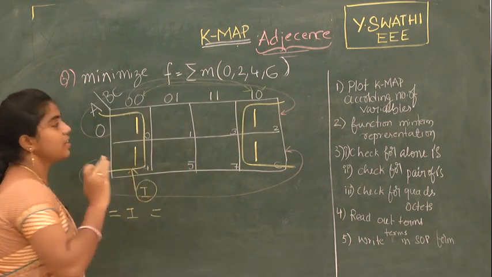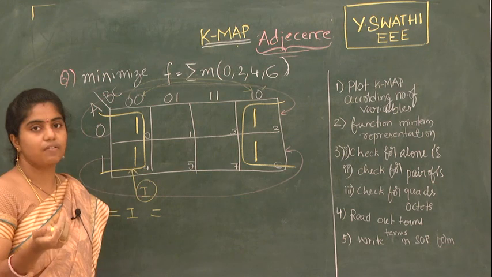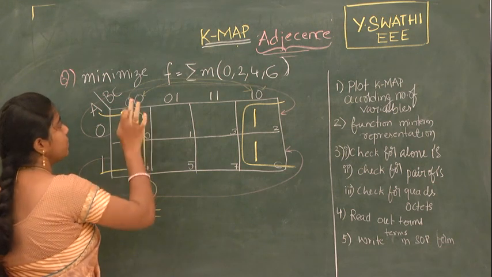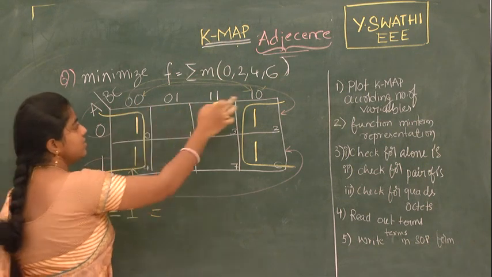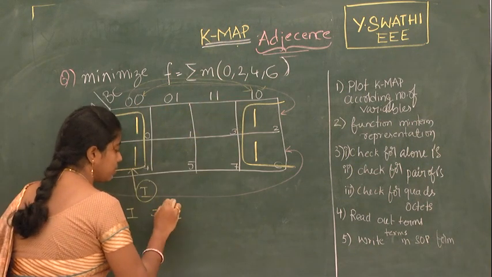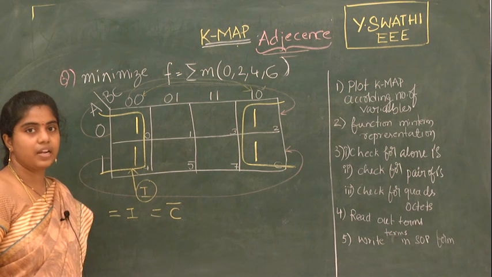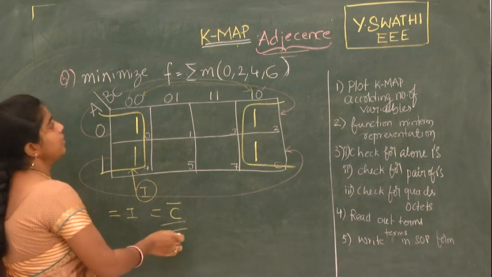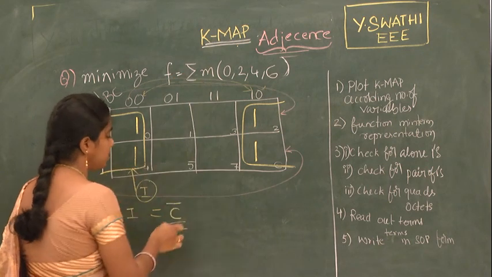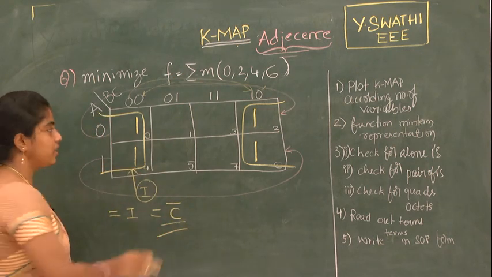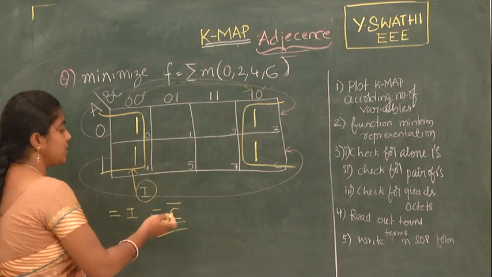So we should take the unchanged variable. Here the unchanged variable is C, in complemented form because it is 0. So it is C bar. The reduced form of the given function is C bar.